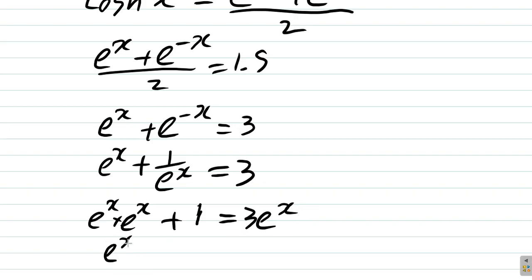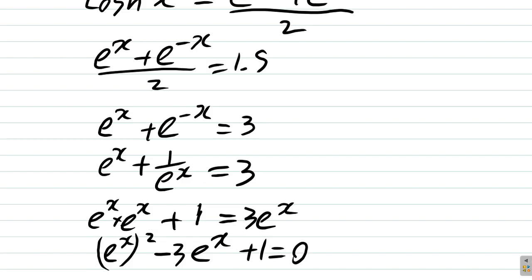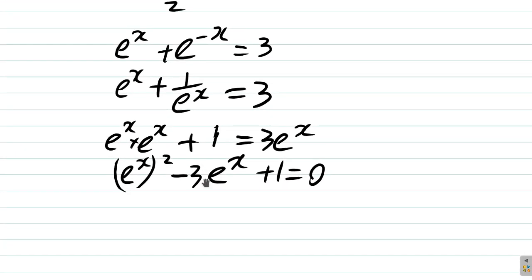What we have is e to the x squared. We could just subtract the 3e to the x from both sides: minus 3 e to the x plus 1 equals 0. I recognize it is a quadratic equation, so we want to write it in the form of the variable squared plus some number times the variable plus another number equals 0.